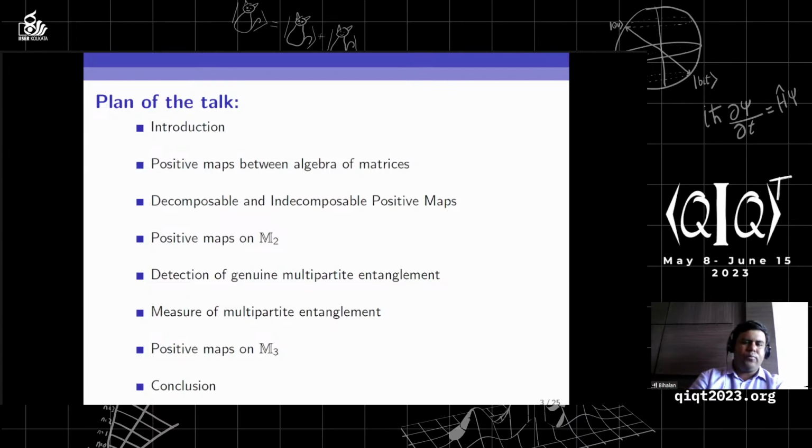Then I'll move to the application part, detecting genuine multipartite entanglement using those maps, and discuss some measures of multipartite entanglement. Then I'll shift to the algebra of 3x3 complex matrices and positive maps on them. And with that, I'll conclude.